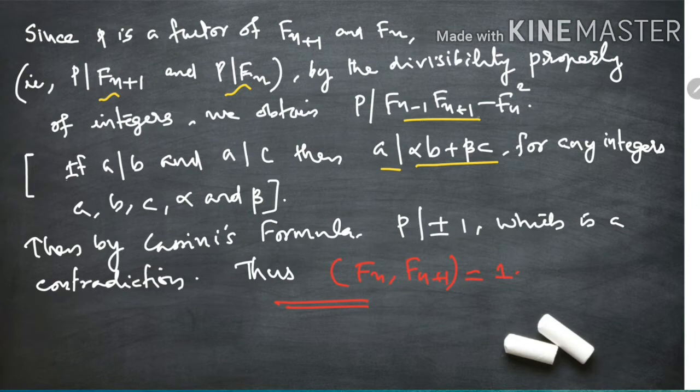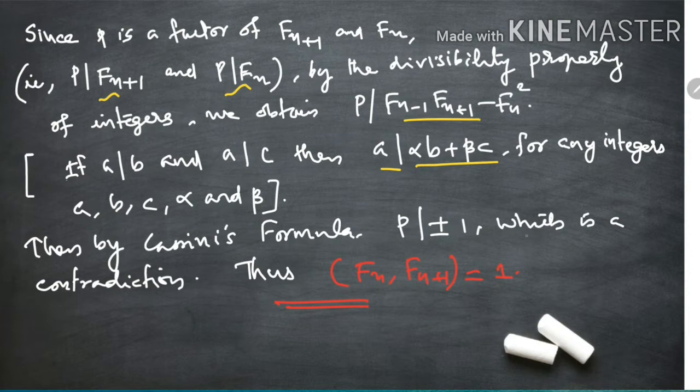Then P divides their difference also. Now comparing with Cassini's formula, this is actually minus 1 raised to n. The possible value of minus 1 raised to n is plus or minus 1 only. So from Cassini's formula, P divides plus or minus 1.